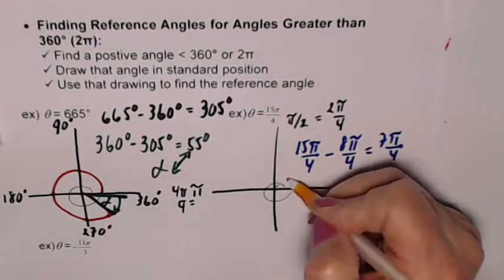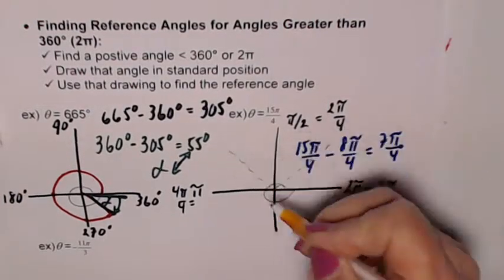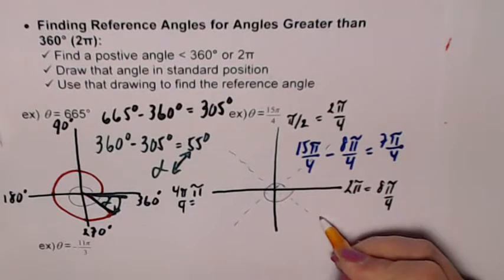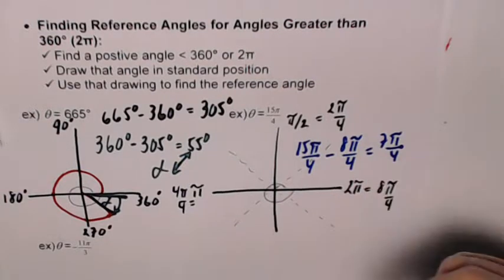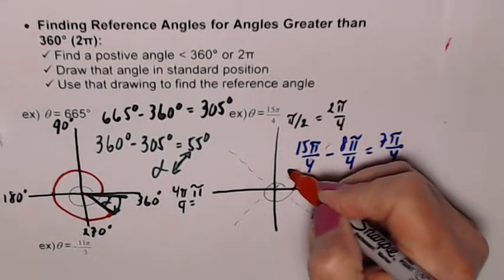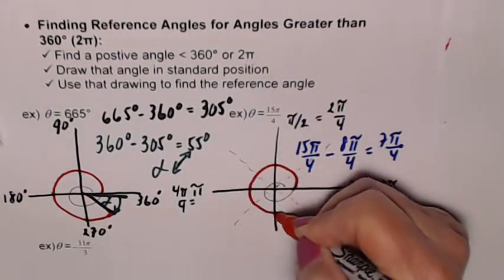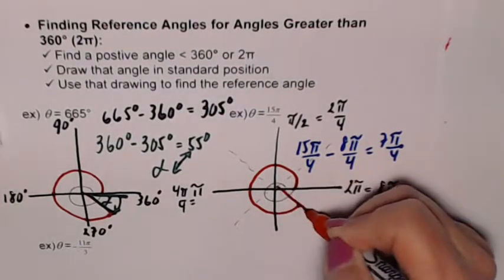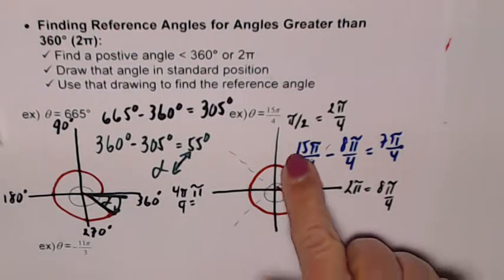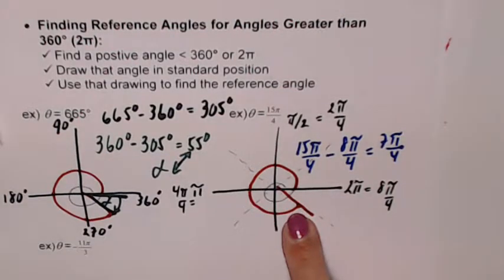And then if I were to divide my pi's up into 4 to help give us a reference, we go another 7 pi over 4. So from here we would continue 1, 2, 3, 4, 5, 6, 7. And we are here. So here is our 7 pi over 4.